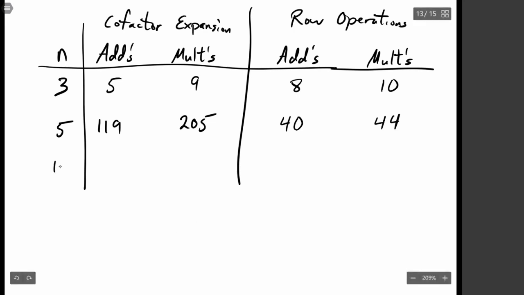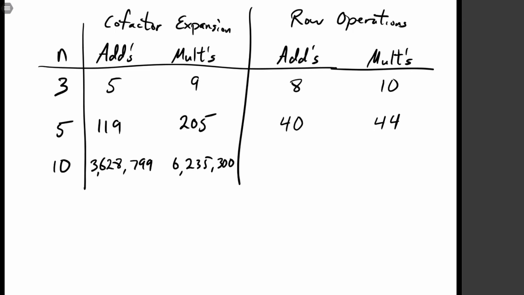To really kick it into overdrive here, let's look at a 10 by 10 matrix. For additions, 3,628,799 additions, or 235,300 multiplications. That's a lot.